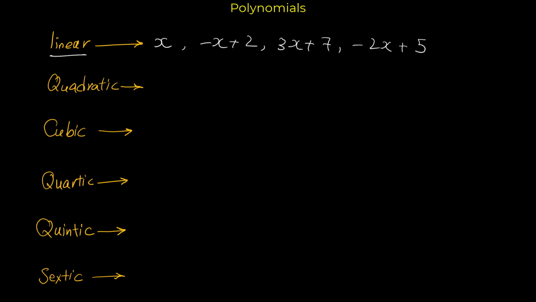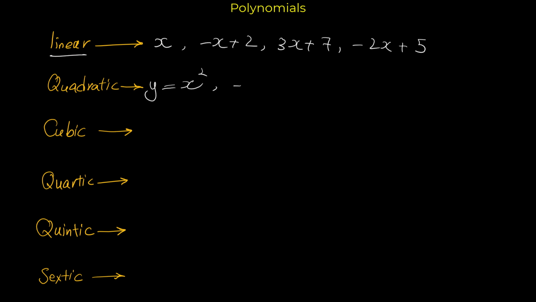Another important polynomial function is a quadratic function. Quadratic functions are the functions where the degree of the polynomial is 2. So for a linear function, the degree is 1. In a quadratic function, the degree is 2. The most famous quadratic function that you are probably familiar with is y equals x to the 2.